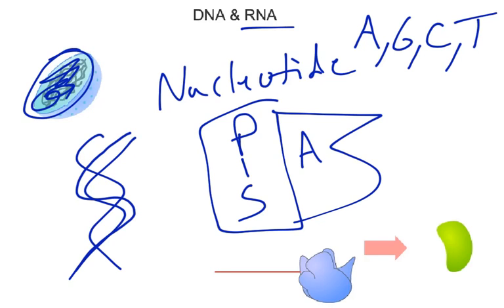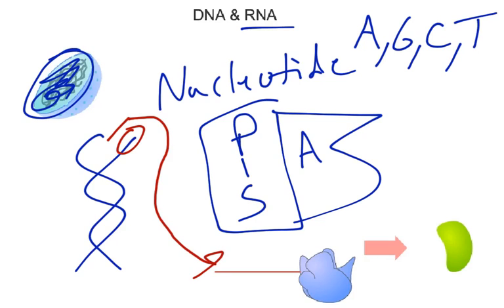So let's say this section right here wanted a message, we would build an RNA molecule off of that. That molecule would then travel out of the nucleus to what we call a ribosome, which is right there. That ribosome would then read the message and build a protein. We'll get into the more detailed process of that in transcription and translation in chapter 14.